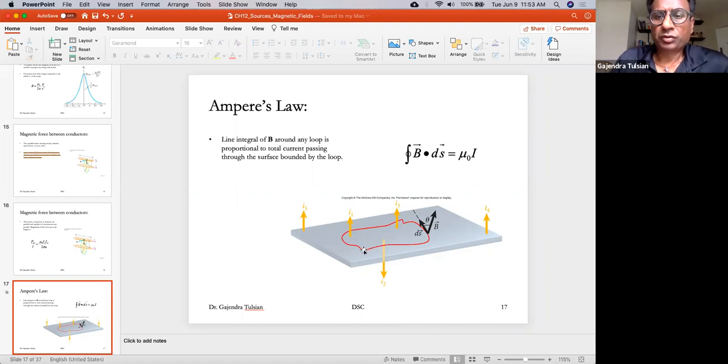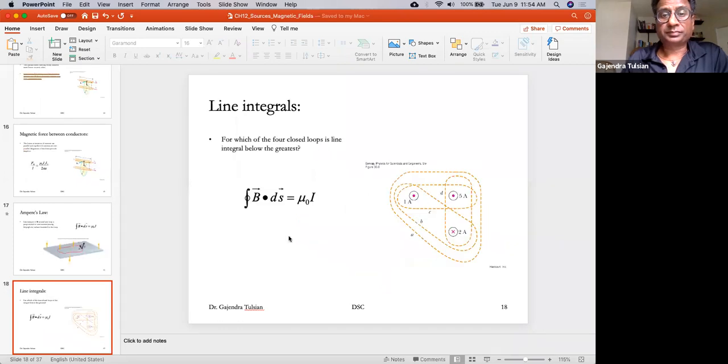If you hold your thumb straight up like that, and you're going around the magnetic field in this sense, then those currents are positive. That's Ampere's law.